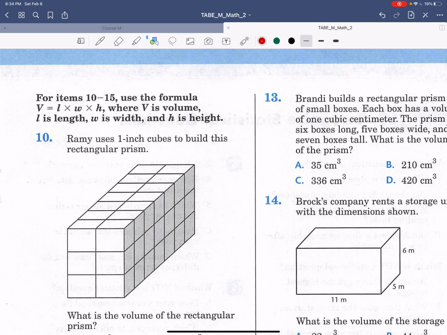So let me draw the dimensions in for you. Here's the length. Here's the width. And here's the height. Okay, so let's count these out. Length is 1, 2, 3, 4, 5, 6, 7 inches.